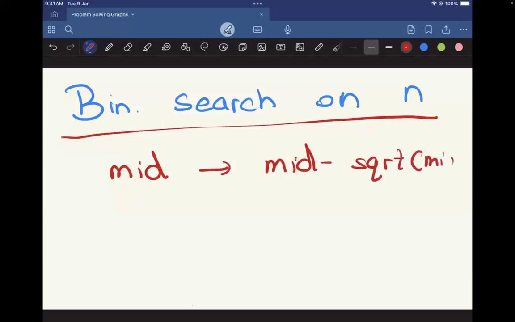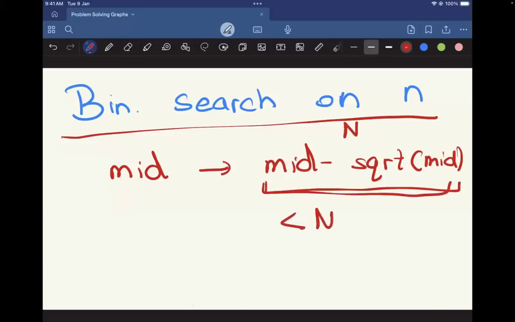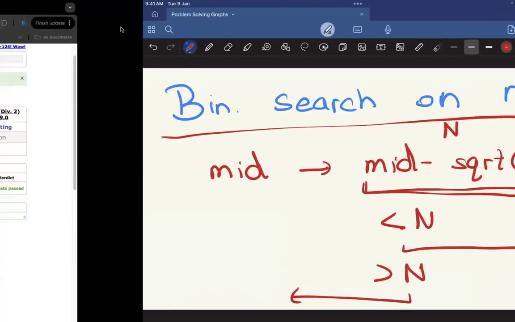Now, we are also given a number, which is the number of light bulbs they want on. Let me denote it by capital N. If this is smaller than capital N, do you agree we would go towards the right? And if this is greater than capital N, do you agree we would go towards the left? Exactly. So that is all that we have to implement.